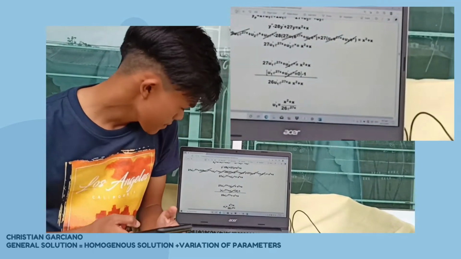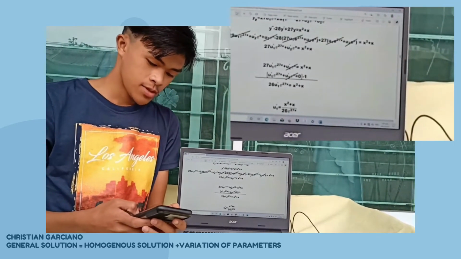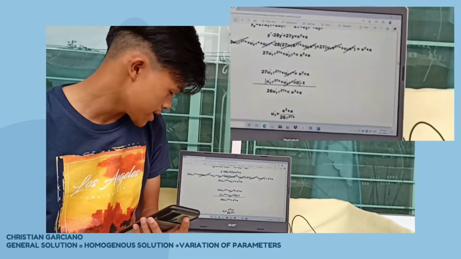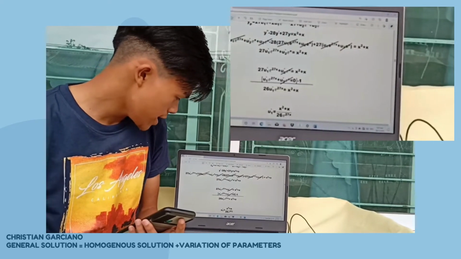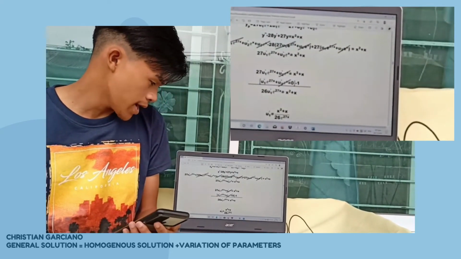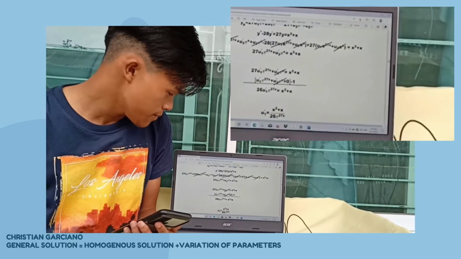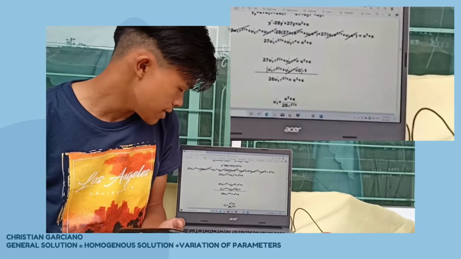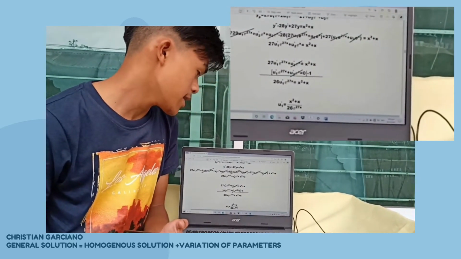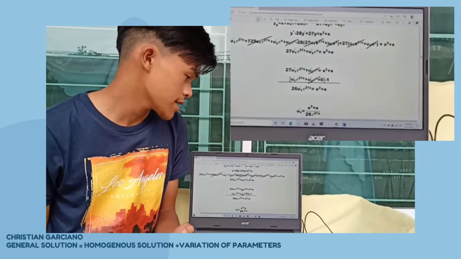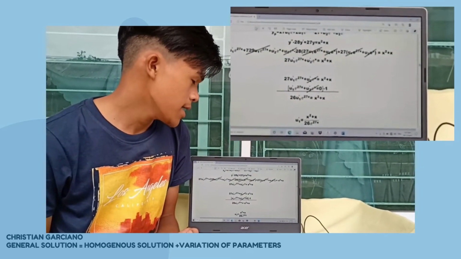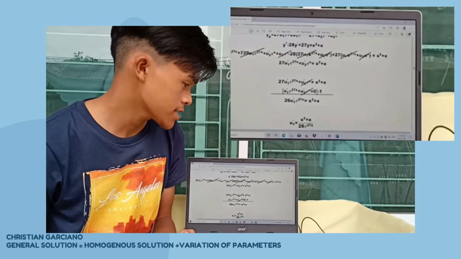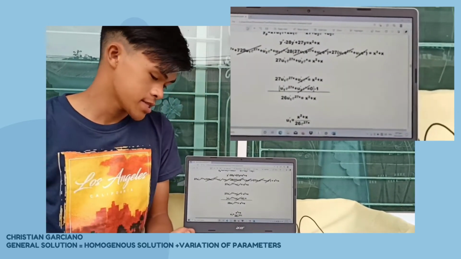So the answer is 27 u1 prime e^27x plus 729 u1 e^27x plus u2 prime e^x plus u2 e^x minus 28 times 27 u1 e^27x plus u2 e^x plus 27 times u1 e^27x plus u2 e^x equals x squared plus x.